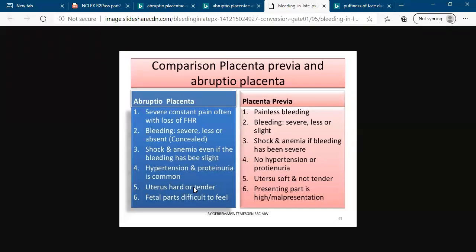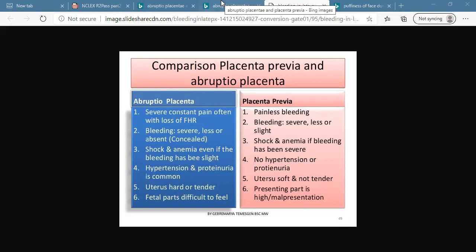If the NCLEX board asks any question about placenta previa or abruptio placenta, we have to know 2 points. In placenta previa, it is painless, and the uterus is soft and non-tender. Whereas abruptio placenta is painful, and also the uterus is hard and tender.